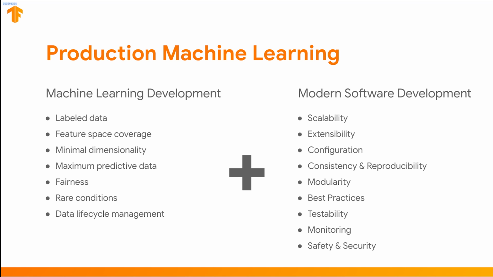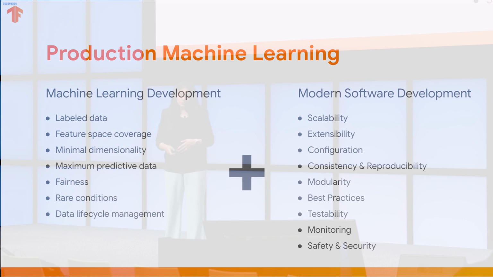And I'm sure you would have seen this slide even before, because this is not something new, right? We have done software at scale for a large number of years, and we know how important it is. Can you imagine having a system which doesn't have monitoring, which doesn't have any kind of security and safety in place, which is going out to billions of users?